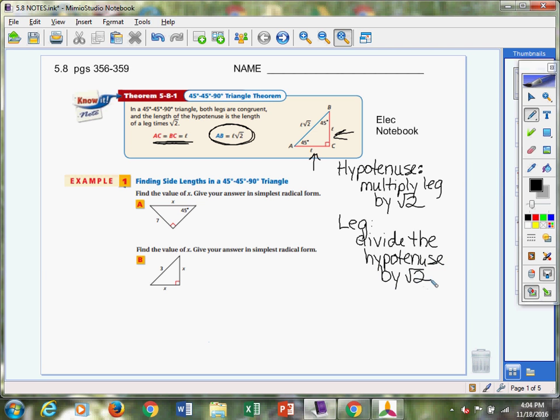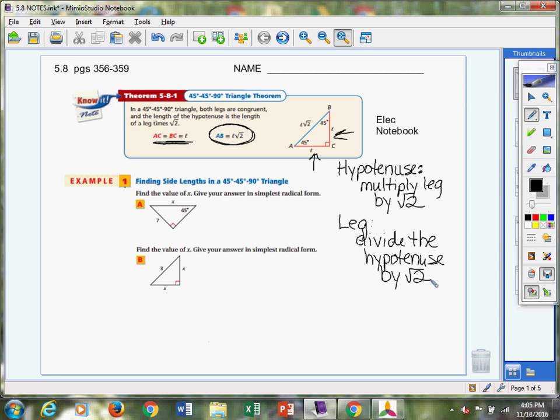So that reverses it. Okay, so if I know a leg and I need to find the hypotenuse, then I'm going to take that leg that I know the length of and I'm going to multiply it by the square root of 2. That's my hypotenuse length. Okay, if I am looking for the leg, I've got the hypotenuse and I need to work backwards and find the original length of the leg, then I'm going to take the hypotenuse and divide it by the square root of 2.